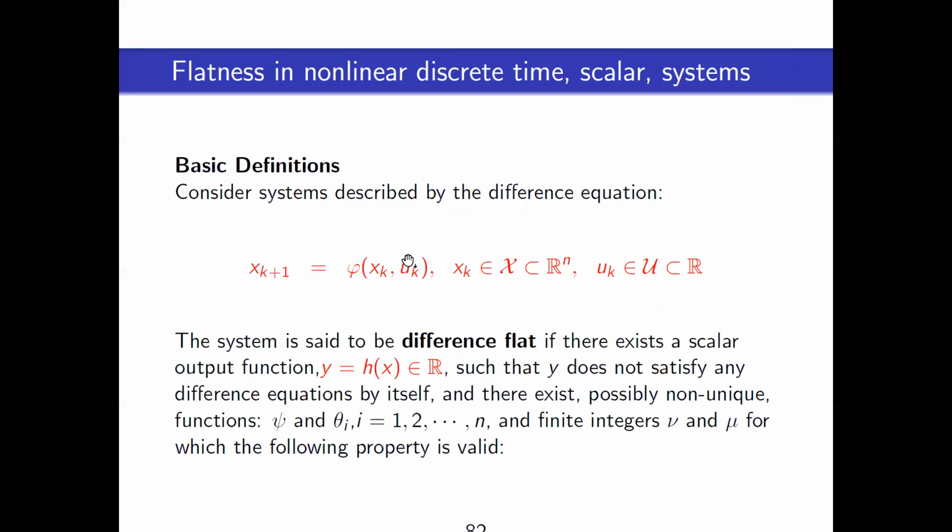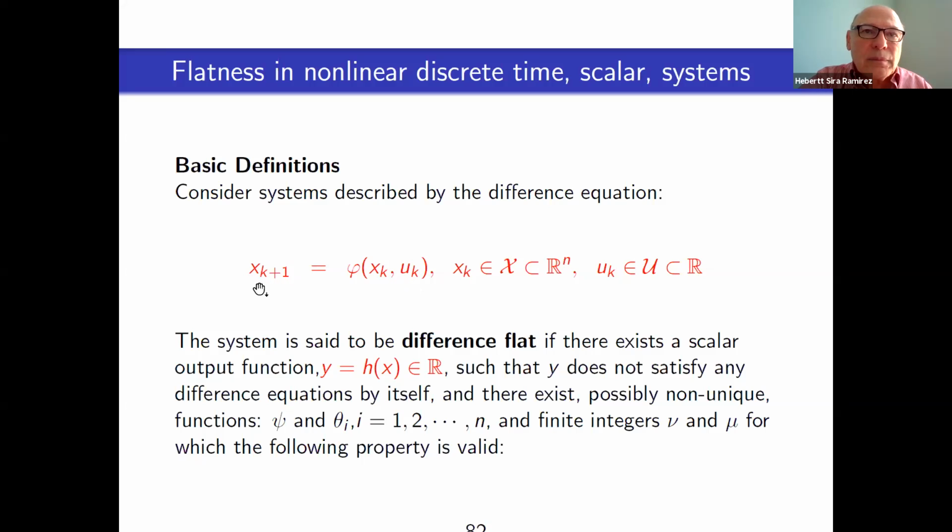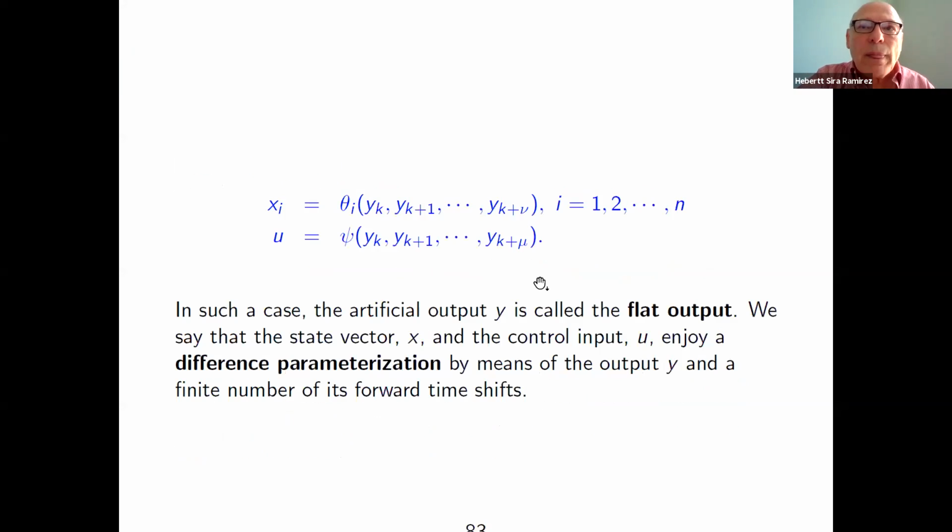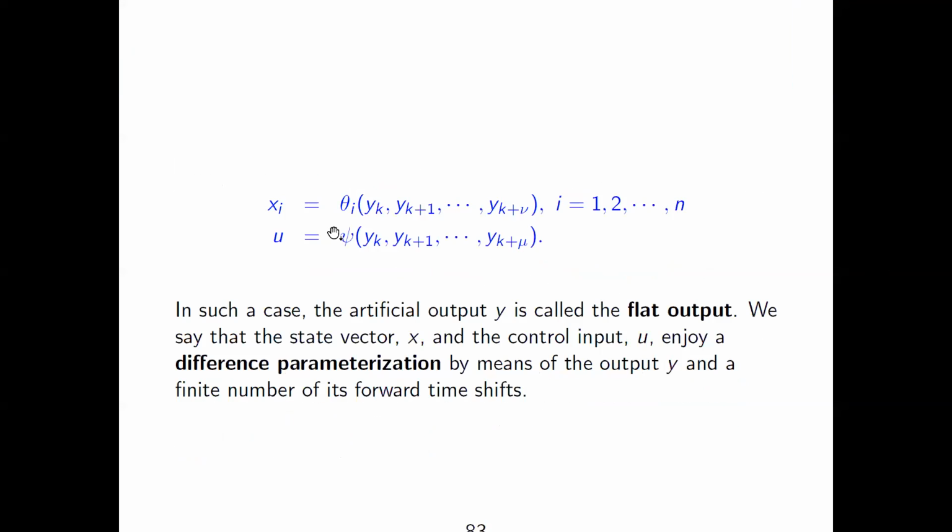And since you will be able to solve for u, the parameterization will be advancing one more time tick of the clock for expressing the input via the same parameterization you use for the states. There will be a time difference. So the state can be parameterized by a finite number of integers or advances of the output. The control needs just one more advance.